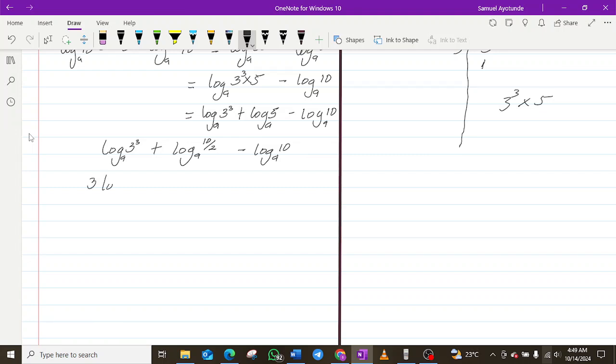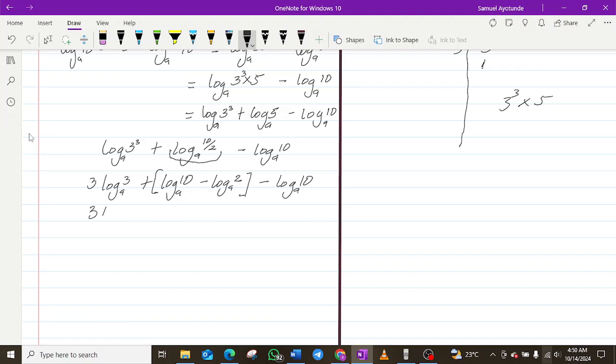That becomes 3 log 3 base a plus, let me use a bracket here because we'll be changing to two things, log 10 base a minus log 2 base a, applying the second law to this, minus log 10 base a.